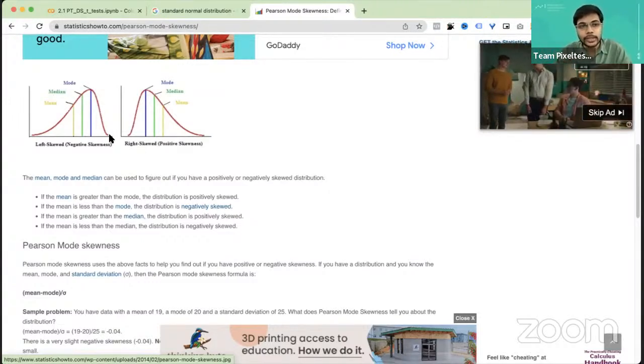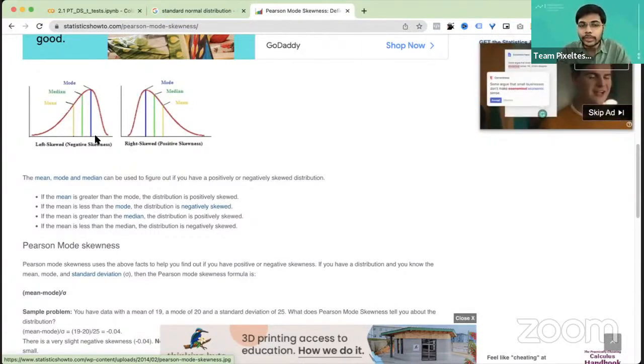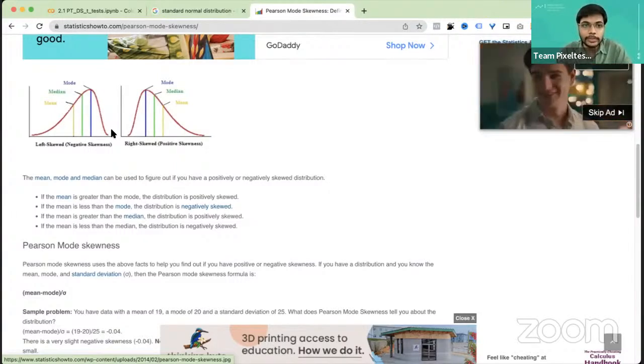So this is how you understand left or right skewness by graphical depiction.